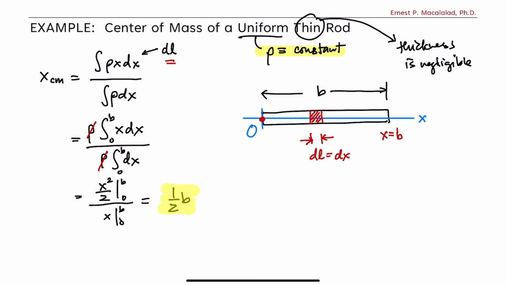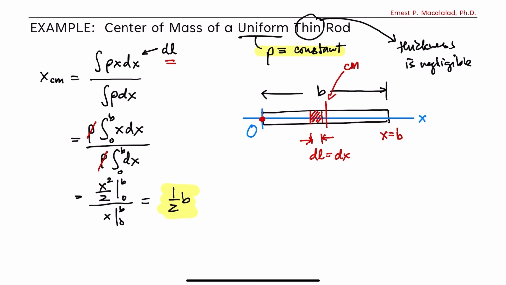Okay, so this will be your center of mass, which is what we expect. Because this is a uniform thin rod, the center of mass will be somewhere at the middle. So this is where your center of mass is located.